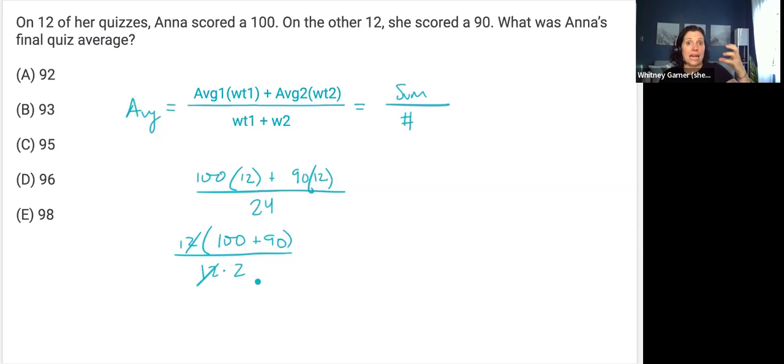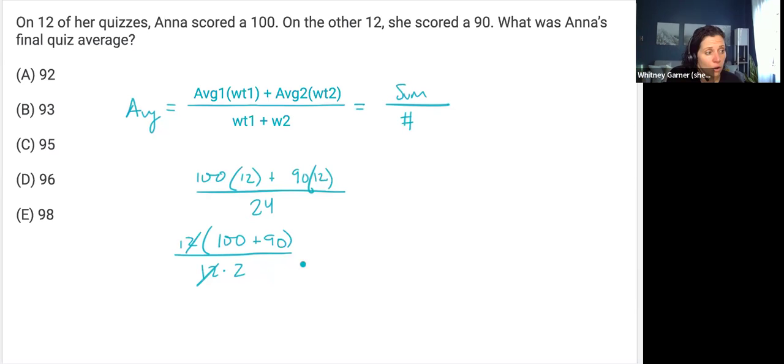Half of her tests, she scored 100. An equal half of her tests, she scored a 90. So each of these subgroups will have an equal weight on the overall average. The 100 and the 90 will be equally weighted when we calculate her average.